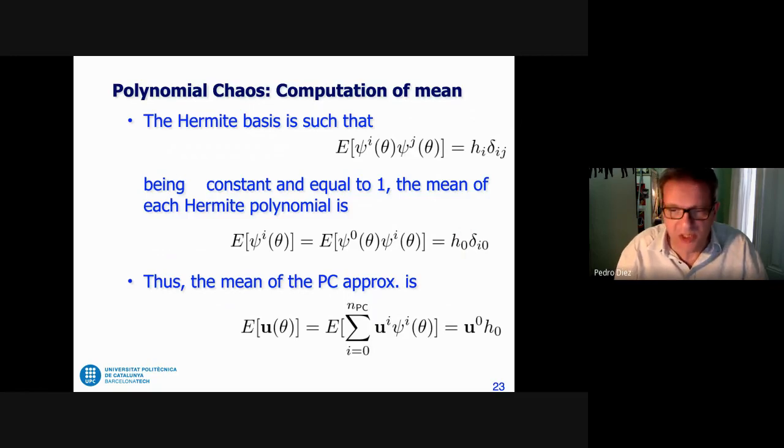So it's h0 for i equal to 0, and it is 0 for any other i. That allows you to compute very easily the mean value of any vector represented by the polynomial chaos expression, because it depends only on the first term, the u0. So the mean value of the polynomial chaos representation of your solution depends only on the first term, and the rest of the terms do not affect the average.